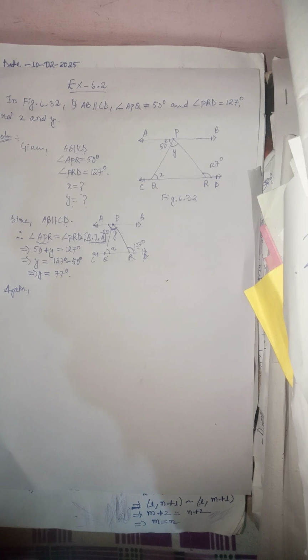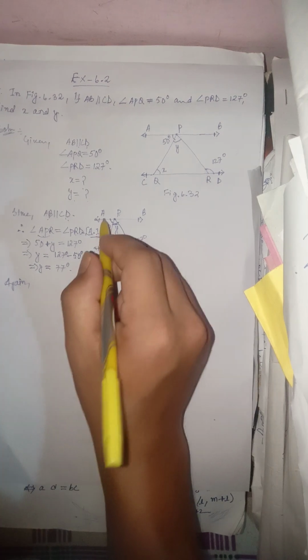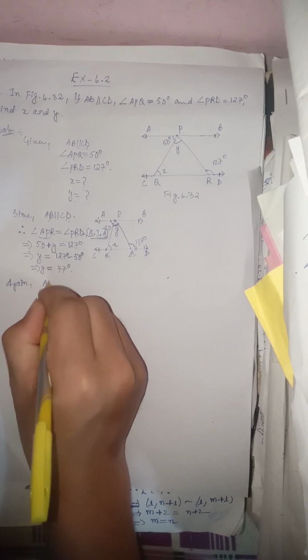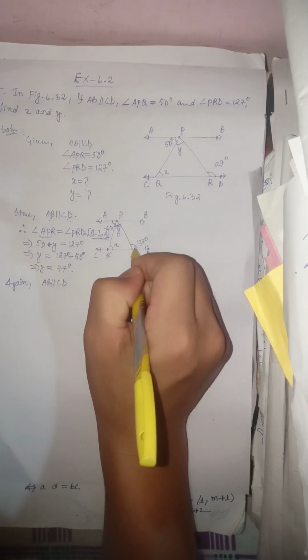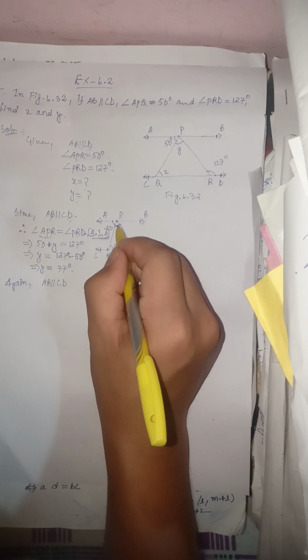Now we need to find the value of x. How should we do it? Let us use the two parallel lines again. AB is parallel to CD.